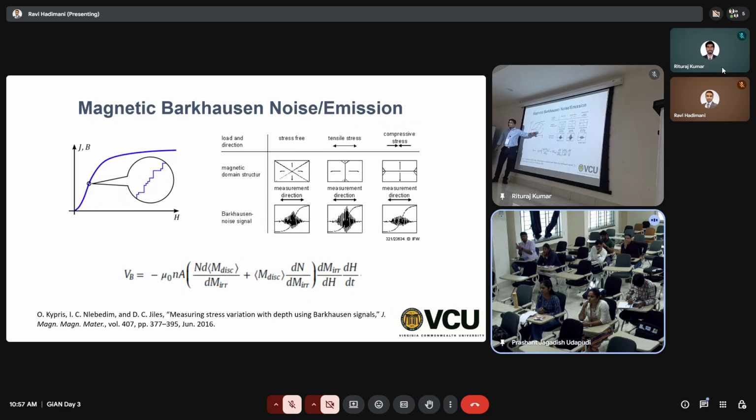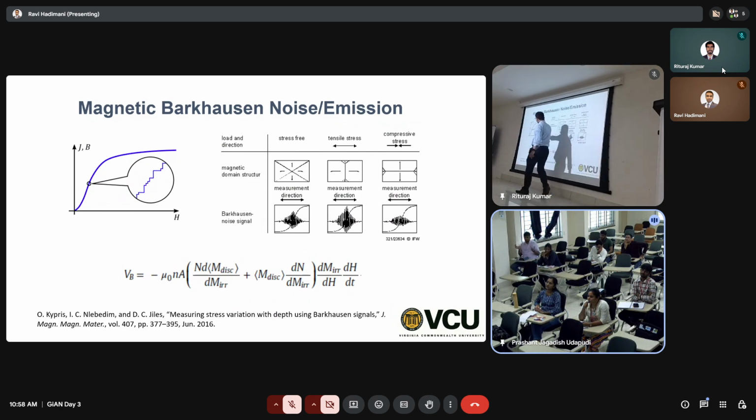Okay, and this was discovered by a guy called Barkhausen, so that's why these are named Barkhausen emissions. You see these bursts of noise coming into your secondary coil. It looks like this: bursts of small signals in secondary coils, but they're very small.